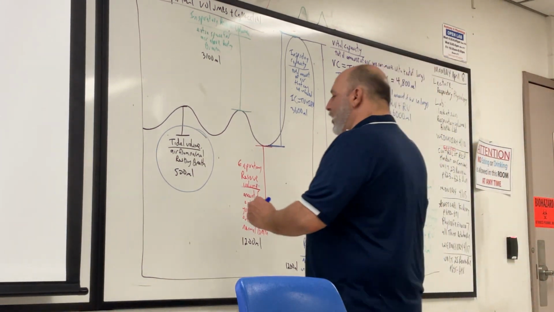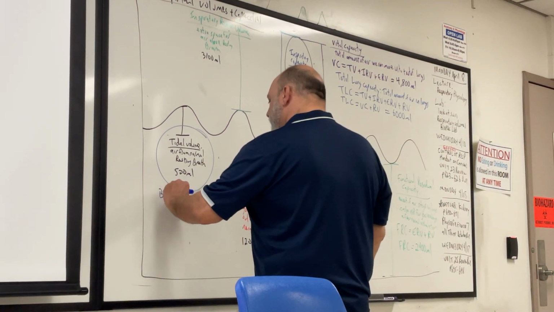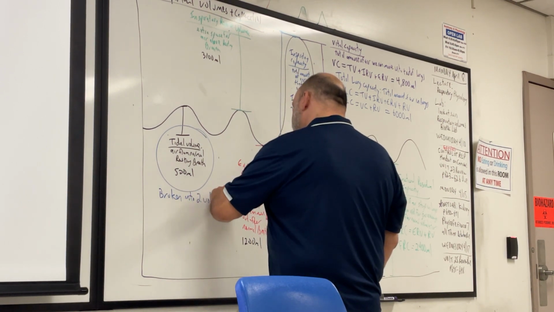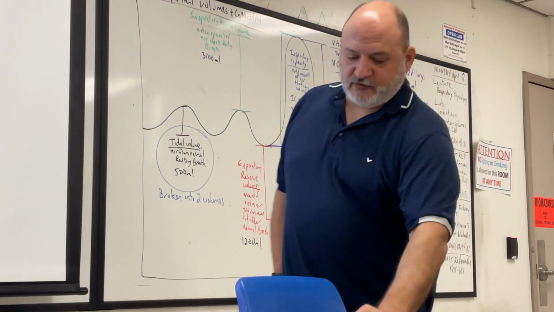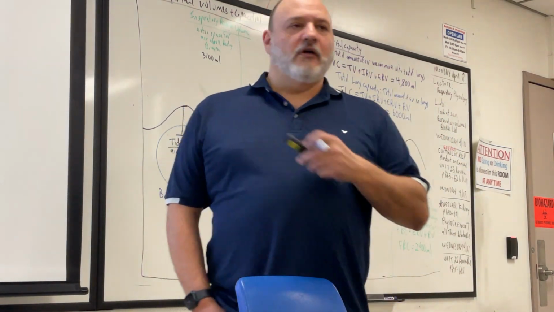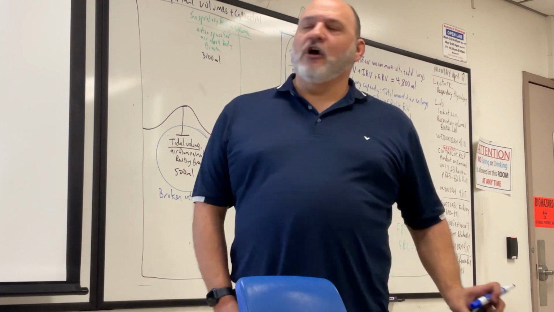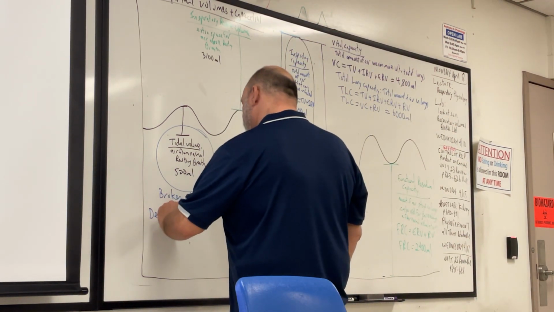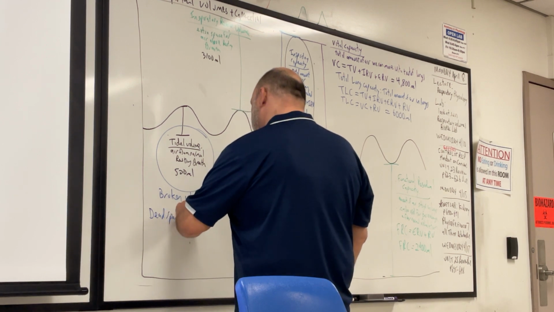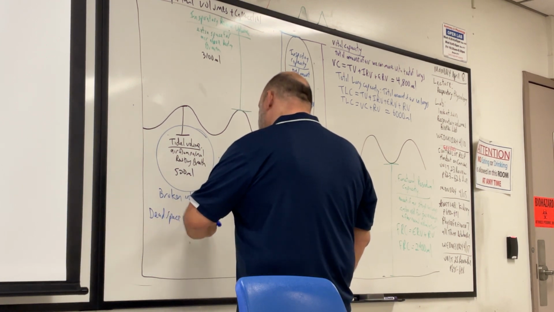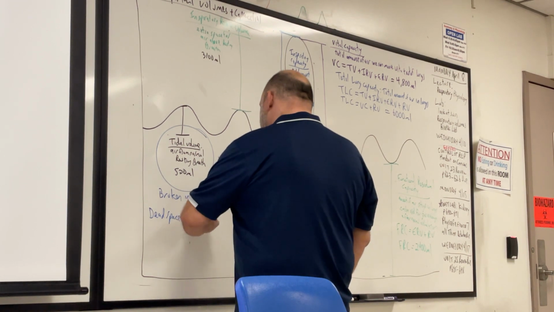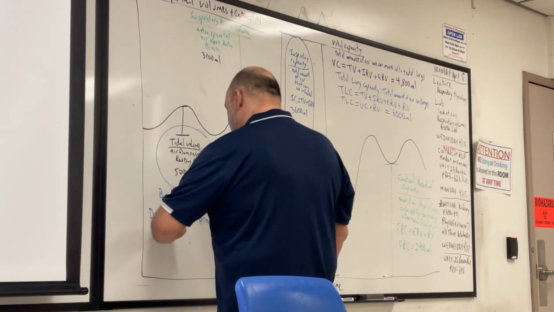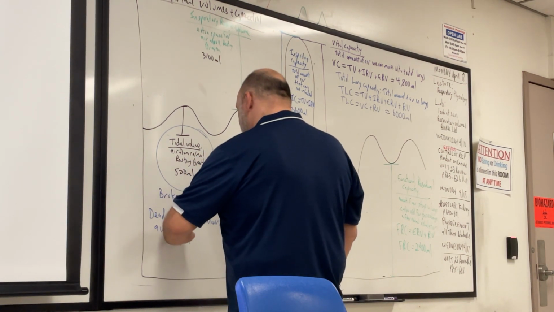So this tidal volume is actually broken into two volumes. Those two volumes of that tidal volume include our dead space volume. The dead space volume is the amount of air that fills the conducting zone.